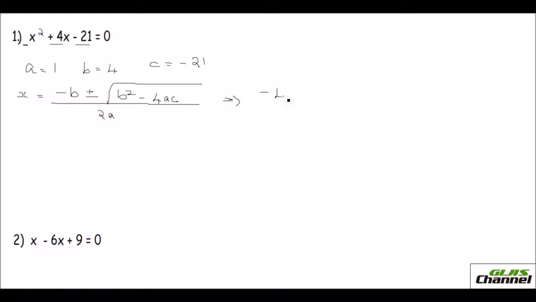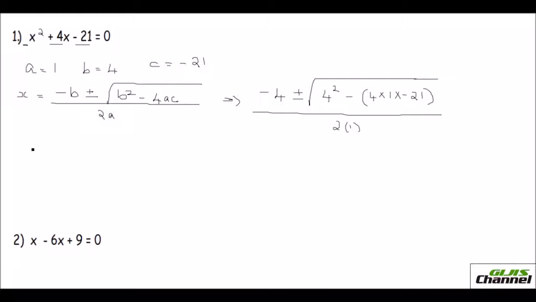So that's minus 4 plus or minus square root of b squared, that is 4 squared, minus, I put this 4ac in a bracket, okay? So that's 4 times a is 1 here, times the c is negative 21, whole divided by 2 times a is 1. So that would be equal to minus 4 plus or minus square root of 4 square is 16.